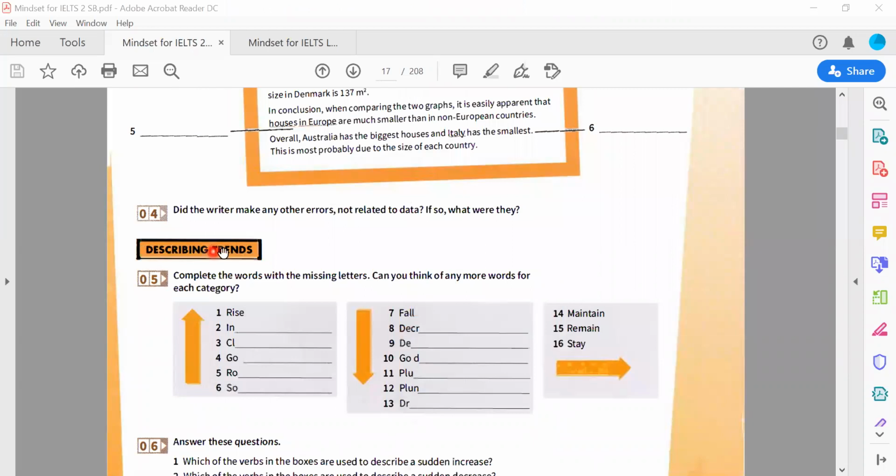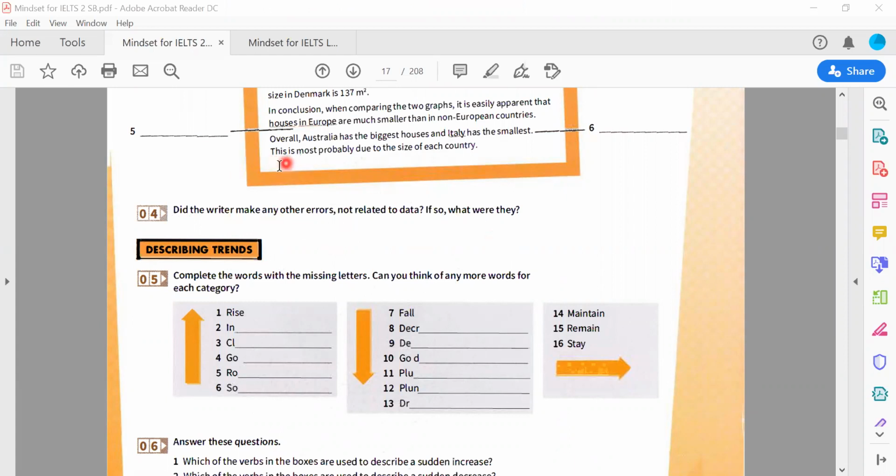And then the fourth one says, did the writer make any other errors not related to the data? If so, what were they? So there weren't any grammatical mistakes or punctuation mistakes. But the only mistake in here, I will just answer this one, is in the last sentence.